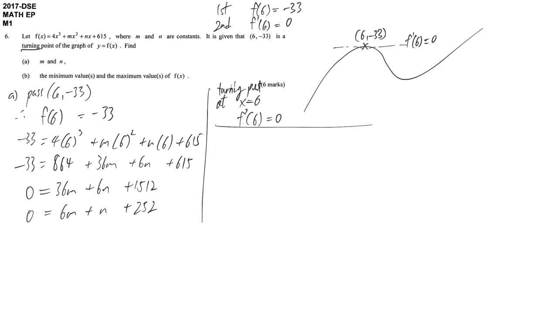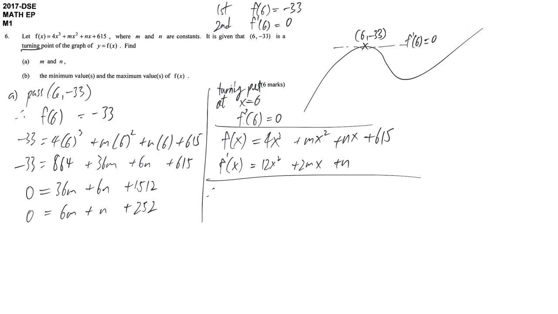In order to consider f'(x), we need to differentiate first. Copy down the original function. Differentiate it with respect to x. And then we can go back to our calculation. Therefore, 0 is equal to 12(6 squared) plus 2m(6) plus n.